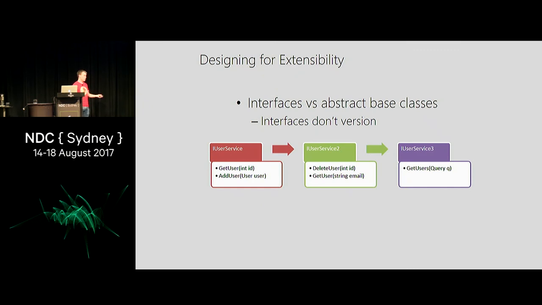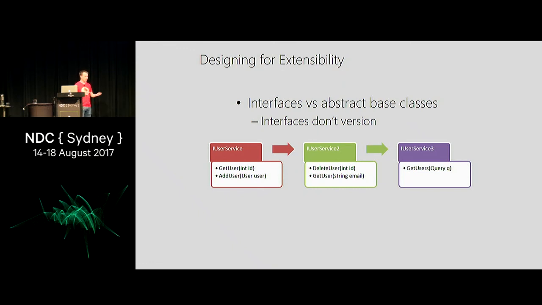There are some ways you can get around this. If you have an IUserService, V1, the red one over on the left, and you have a couple of methods on it, you can't just go and introduce DeleteUser onto it, because everyone who's implemented IUserService is not guaranteed to have a DeleteUser method on the interface.